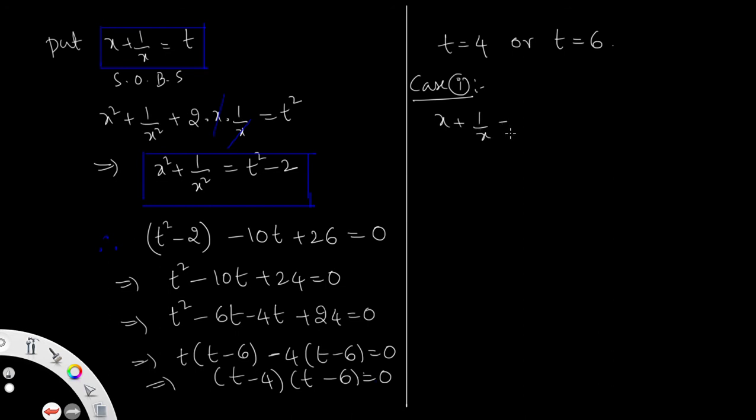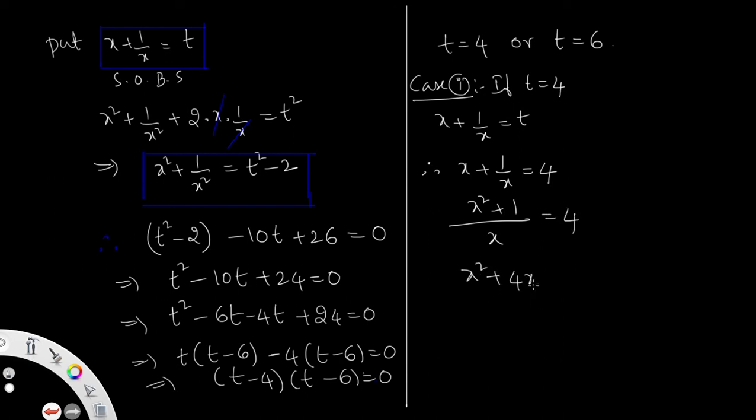Therefore, x plus 1 by x equal to 4. Taking the LCM, x square plus 1 equal to 4x. Then x square minus 4x plus 1 equal to 0.